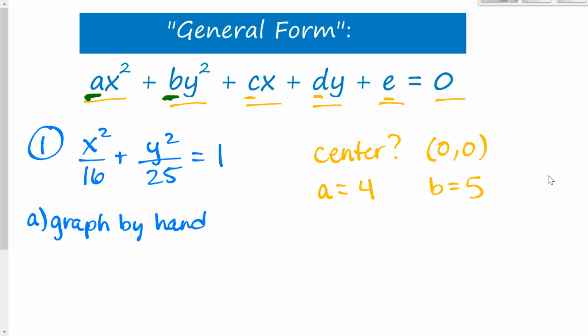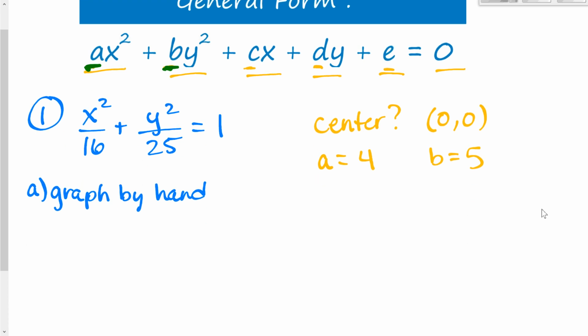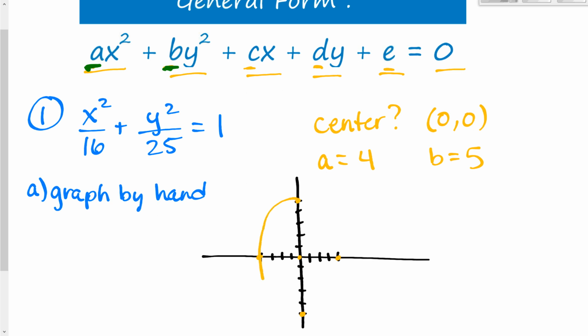Now let's go ahead and make a sketch. So we have the center, and then we are going to go from the center, right 4 and left 4, and we're going to go up from the center 5 and down 5, and then some of you are much more artistic than I am.